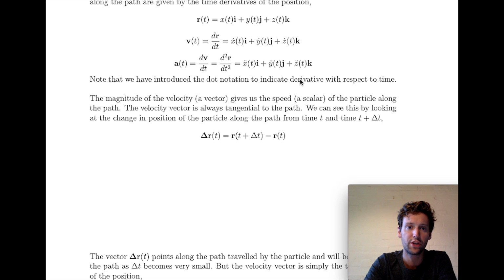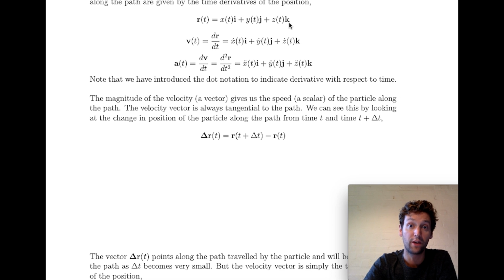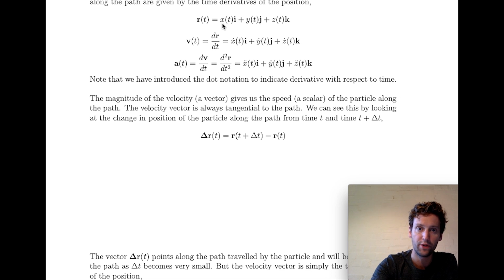And remember that when you're taking derivatives of vectors, all you're really doing is taking the derivative of the components of the vector and forming a vector from those components. So let's say I have some parameterized path through space described by the vector r of t. It's given by i, j, k components, x of t, y of t, and z of t.